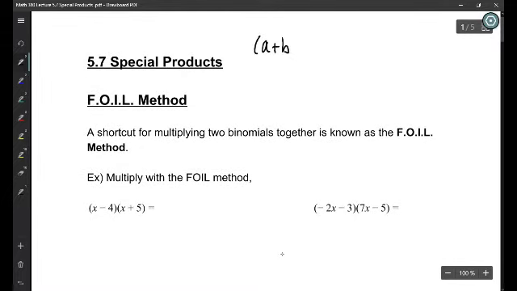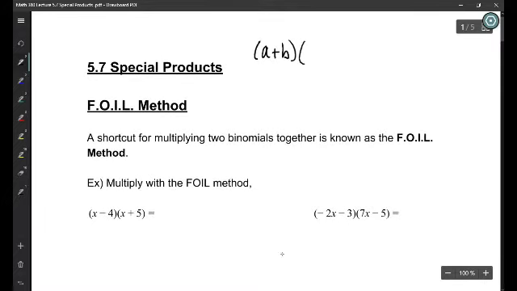the following abstract case. Binomial a plus b times quantity c plus d.